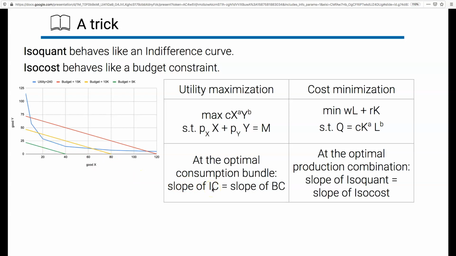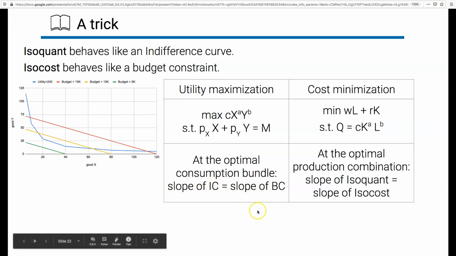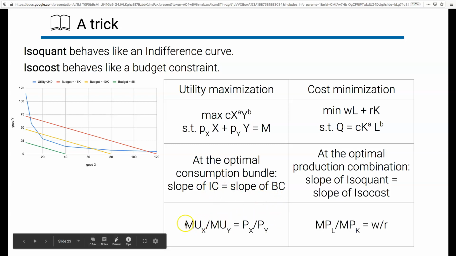And we also have a condition for tangency in the utility maximization world, and that condition is the slope of the indifference curve, that is the marginal utility of x divided by marginal utility of y, has to equal the price ratio.